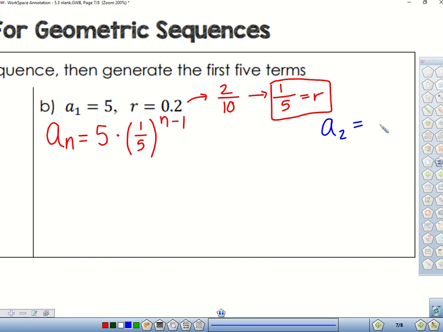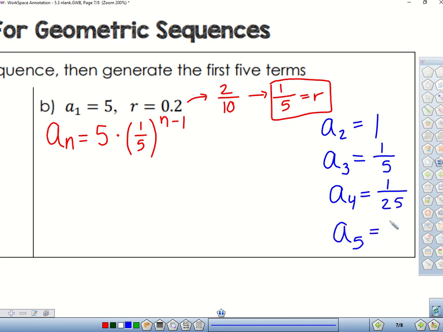So 5 divided by 5 is 1. Now we take 1 and divide it by 5. 1 is not divisible by 5, so it's just 1/5. 1/5 is not divisible by 5. When you divide it by 5, it's 1/25.